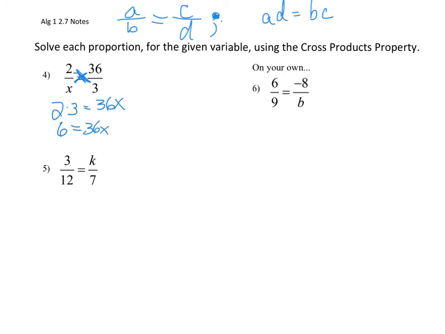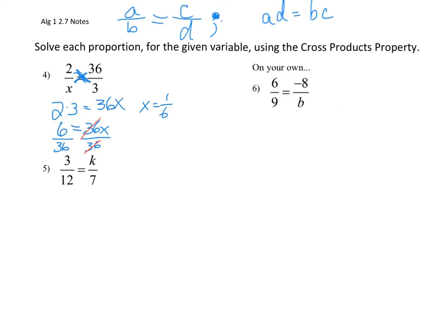We can use our division property of equality next and divide both sides by 36. Those 36s cancel out, and 6 over 36 can reduce, so x will be equal to 1 over 6.